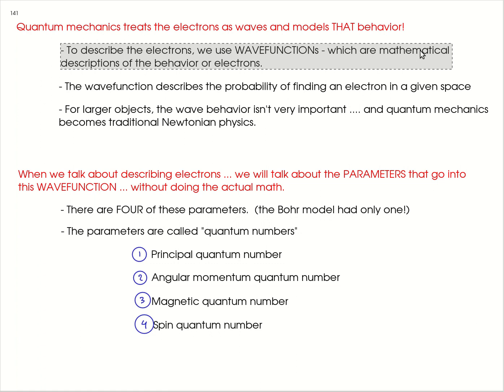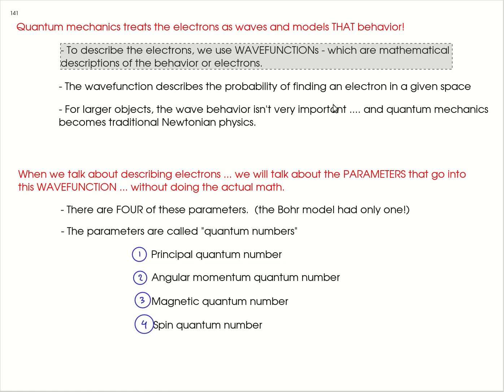We're not going to deal with the math ourselves here in freshman chemistry. What we will do is we will allow the physicists to do what they do best, which is the complicated math, and we will talk about what the wave functions tell us about how the electron cloud is structured.